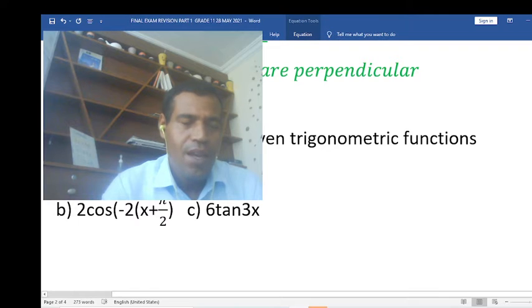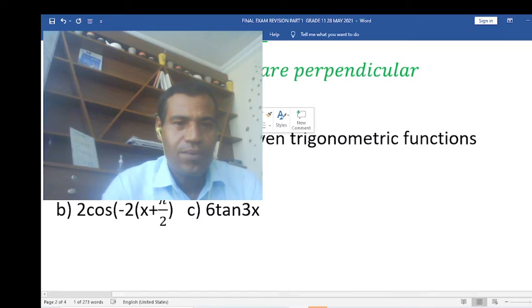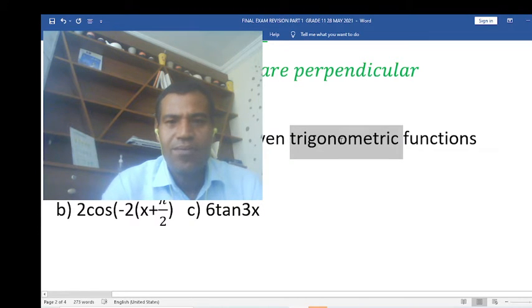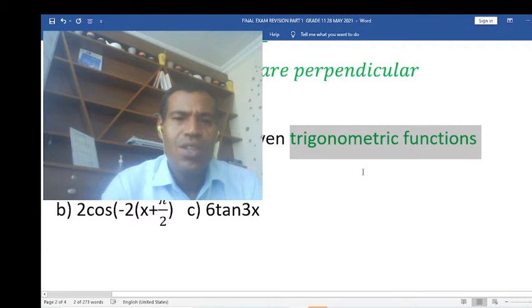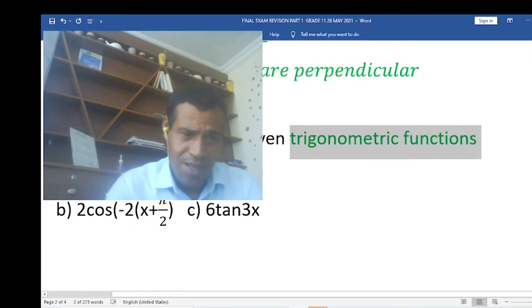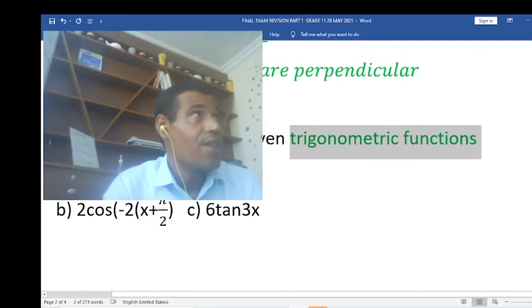Okay, here, find the period. The key is period, okay, of the given trigonometric function. A trigonometric function can be cosine, tangent, cotangent, sine, the inverse function of sine, cosine, and cotangent.